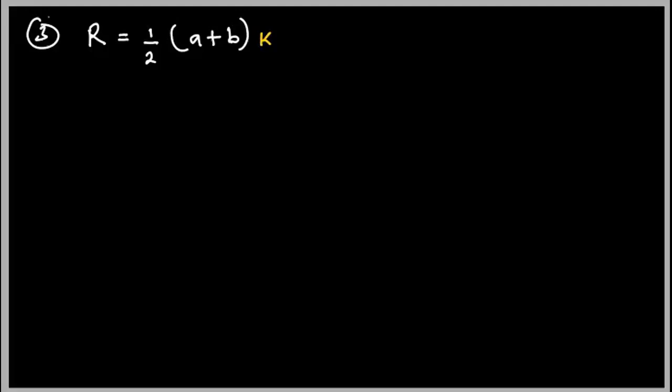Now let's rewrite this equation like this. I would have done this in a simpler way by multiplying both sides by 2 over a plus b. Yes, that would have been faster.